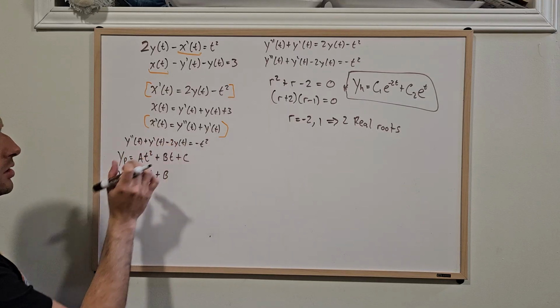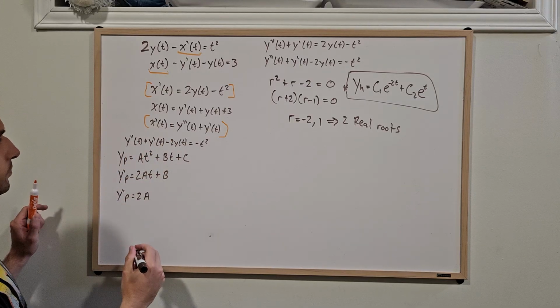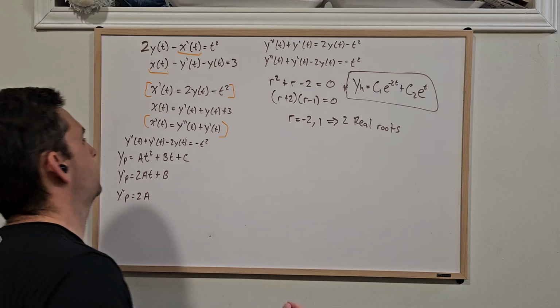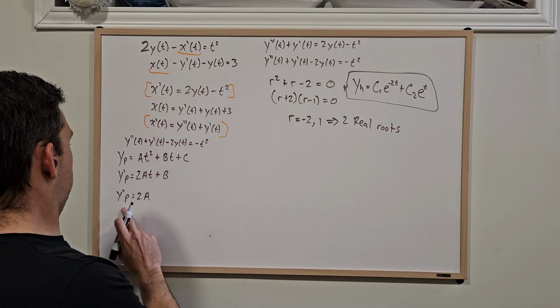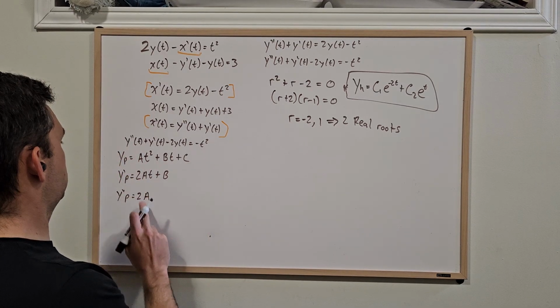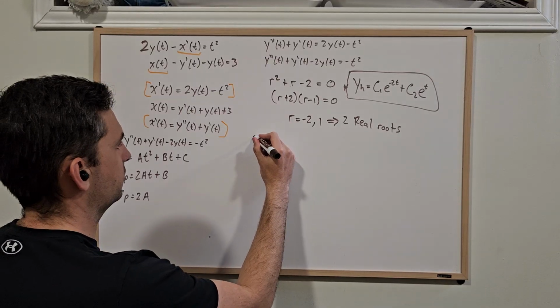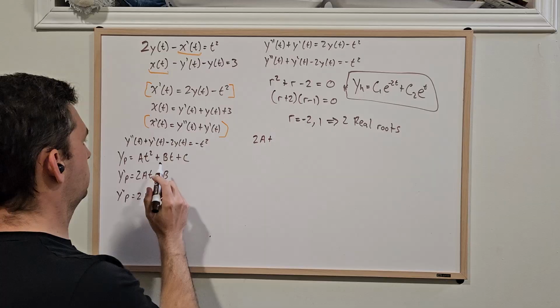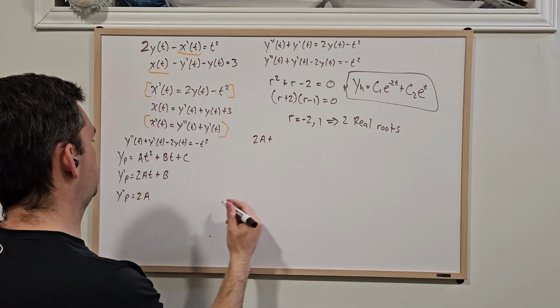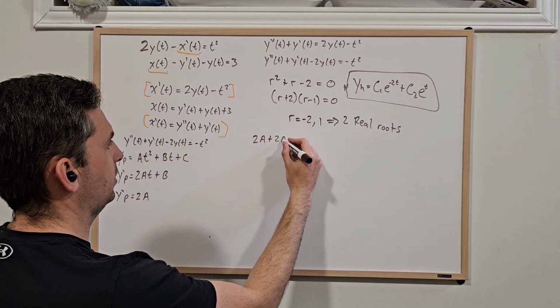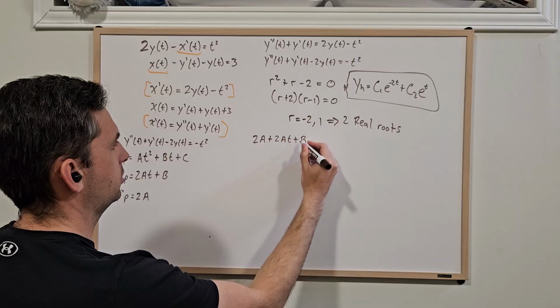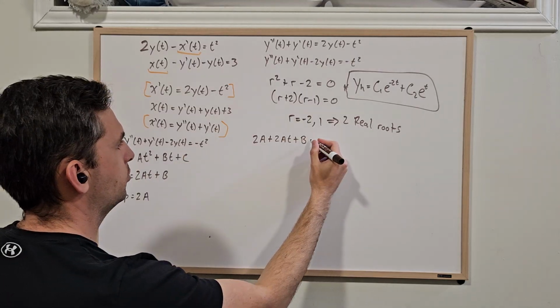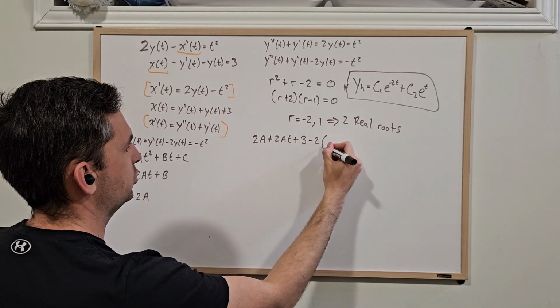Now we're taking these, plugging them into here, okay? So what that's going to look like is this. Y double prime, so our second derivative is 2a. So here I have 2a plus first derivative here, which is 2at plus b. And then minus, we have a 2 out here.